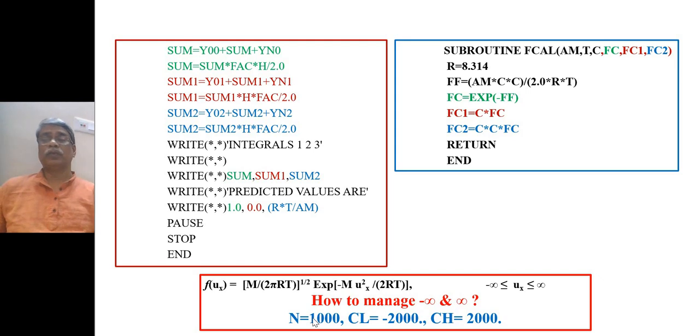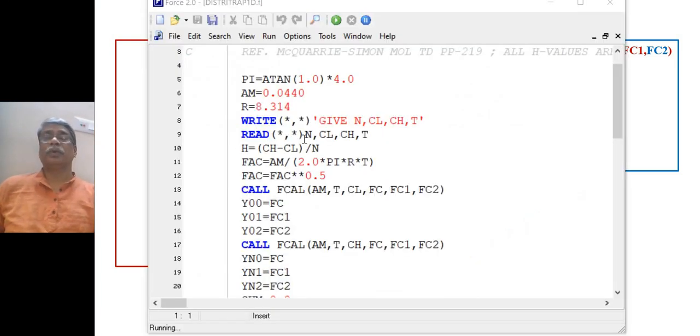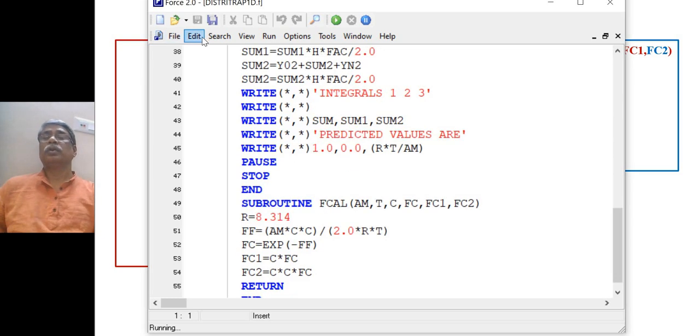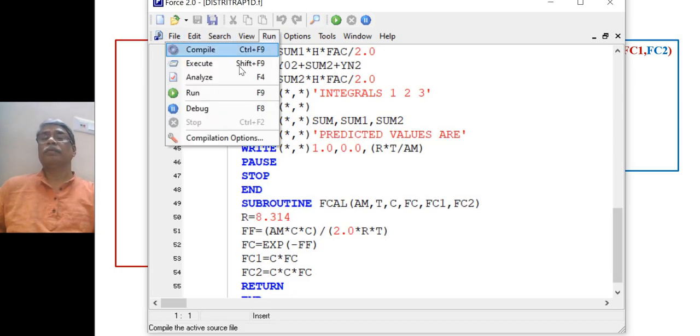So n is 1000, lower limit that is ux is -2000, and ux upper limit that is plus infinity is again 2000. So now we will be running the last program of our discussion. Well, this is the program. We need a pi, the factor. So let me run the program.